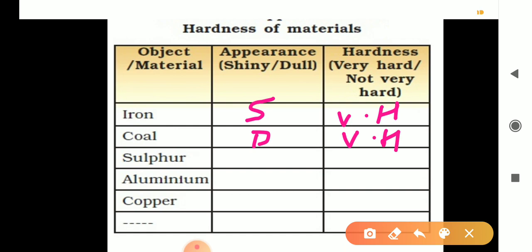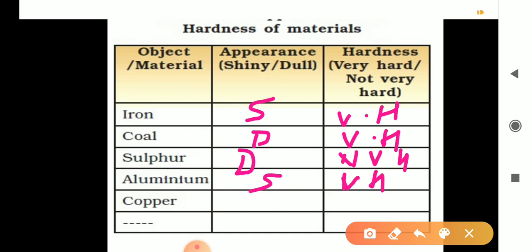The next is sulfur. Sulfur, what is its appearance? It is dull in color. Now hardness. Sulfur is also hard, but not very hard. Aluminium. Aluminium is shiny and it is also very hard.